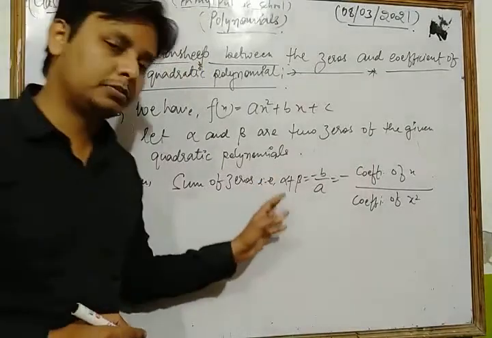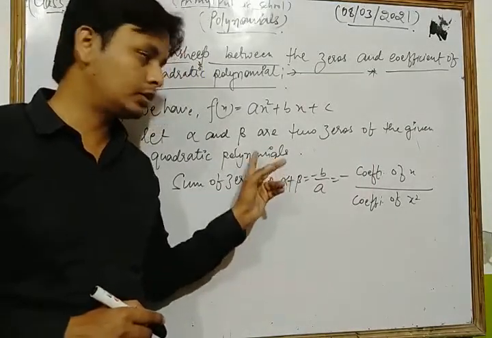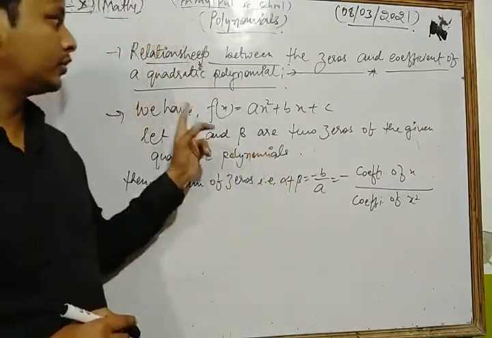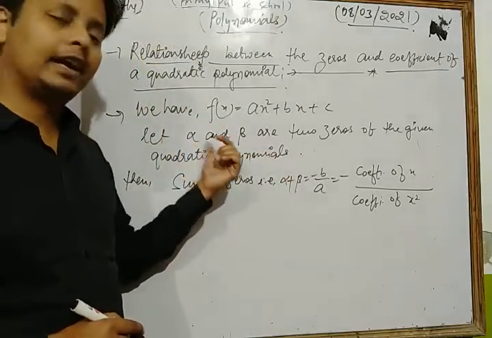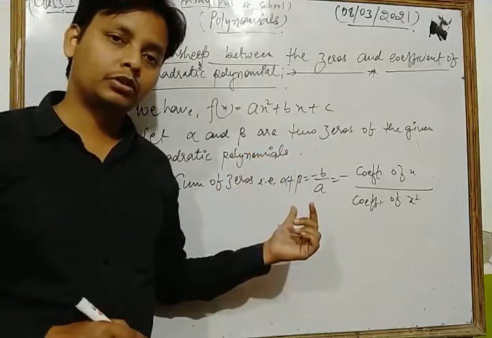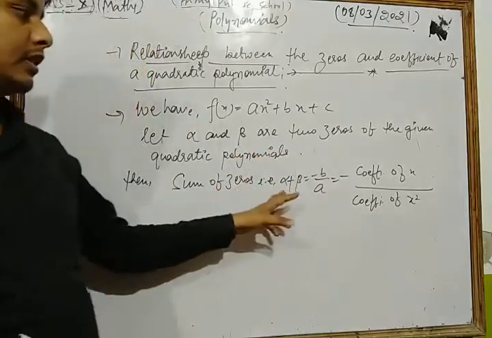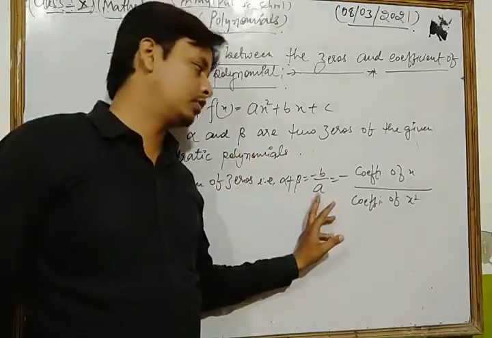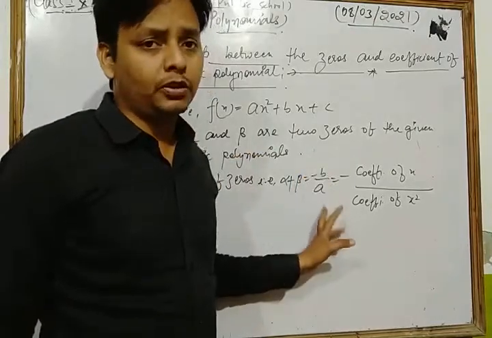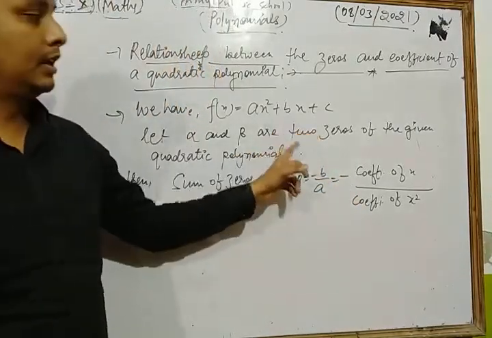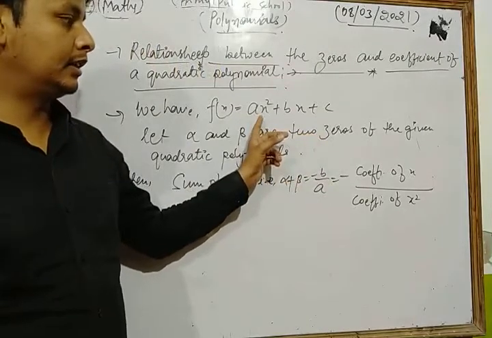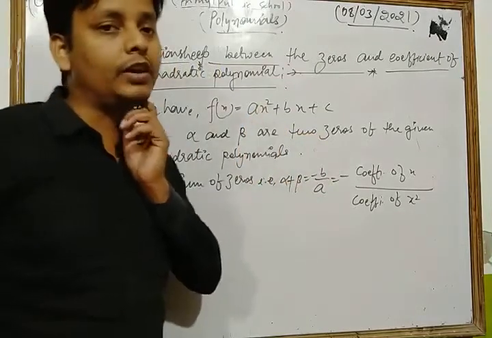This is the relationship between zeros and the coefficients of the quadratic polynomial. So if alpha and beta are two zeros of the given quadratic polynomial, then the sum of zeros, alpha plus beta, is equal to minus b upon a, where b is the coefficient of x and a is the coefficient of x square.